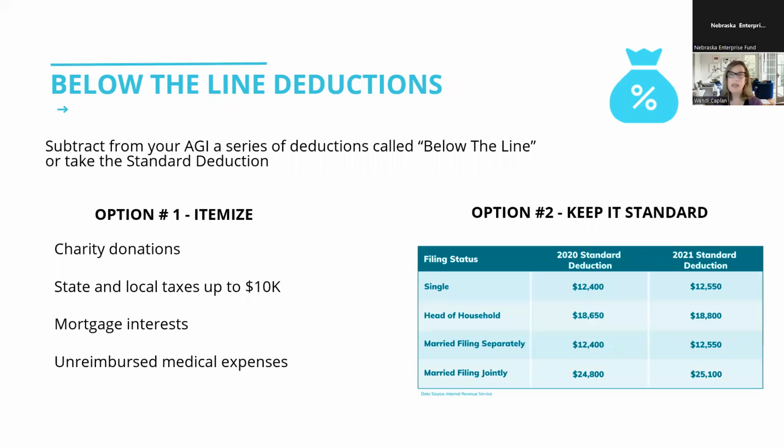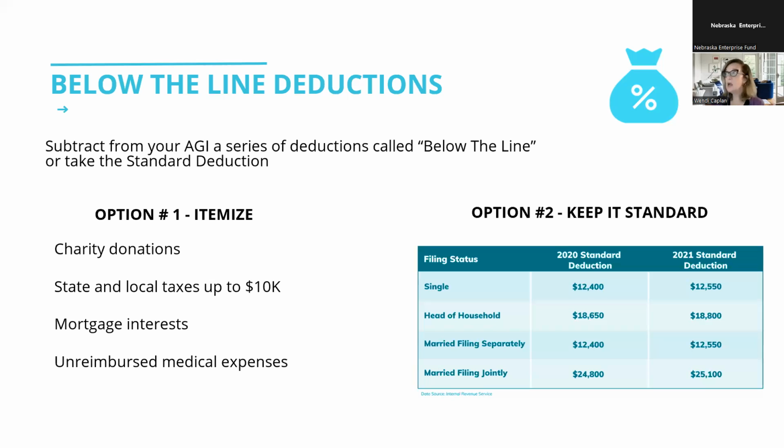So now we take from the AGI more deductions, and these are called your below the line deductions. These can be itemized, or you can keep it standard. This is when you should talk to your accountant to determine what's best for you. But the government allows us a standard deduction. It changes every year, but in 2021, the standard deduction for a single filer was $12,550.